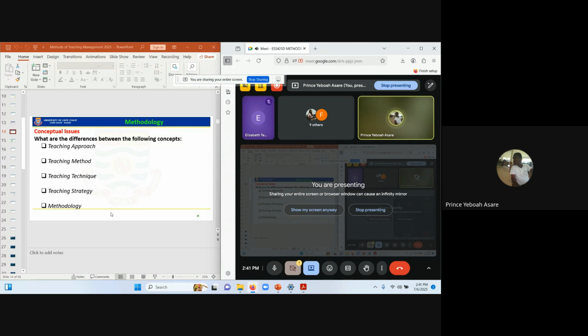So I can say the strategy is how the method is applied. Yes, I'm right to say that. But in the application of the method, we respect the technique. And it's the technique that the teacher will display in the classroom: how the question is asked, how the teacher pauses, how the teacher calls out which students to answer questions, how the teacher emphasizes certain things. That is the strategy.